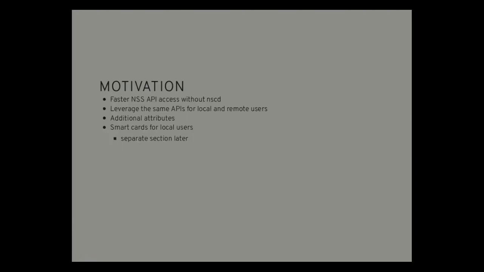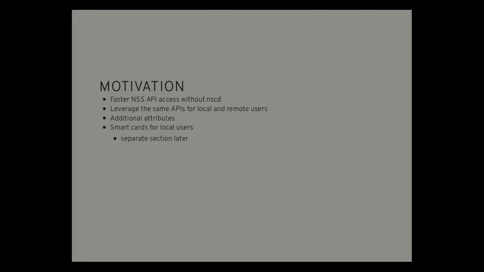But what we found out through bug reports from users is that people who used NSCD because they wanted faster access to users on the disk, but also used SSSD because of some remote users in LDAP, were complaining about these two caching mechanisms not really playing well together. Right? NSCD sits kind of in front of SSSD, and the caching was really unpredictable.